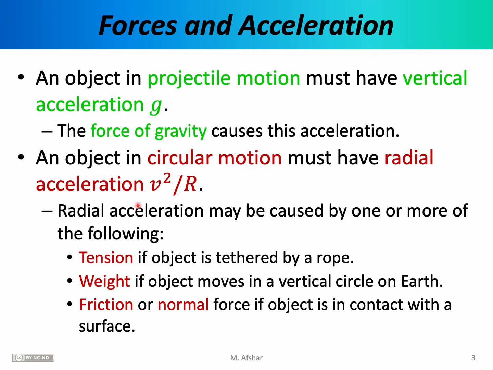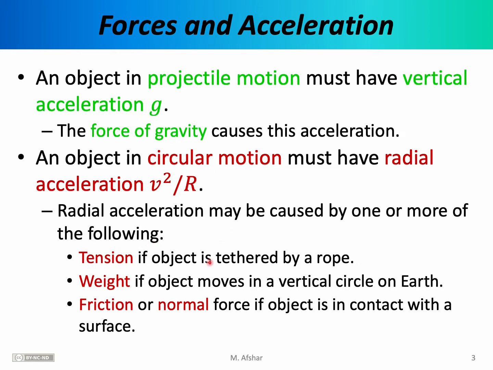It turns out in the case of circular motion, this radial acceleration of v squared over r may be caused by one or more forces. It could be any of the forces that we have studied so far or forces that we have not studied so far. So this radial acceleration that's necessary for circular motion can be caused by tension.